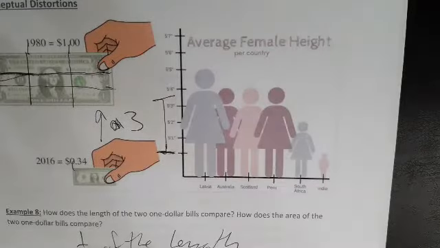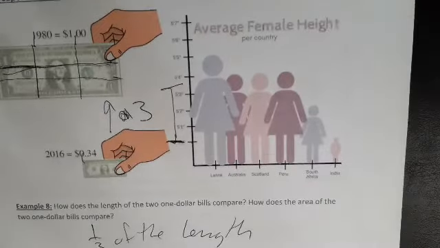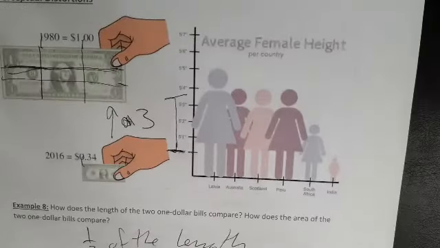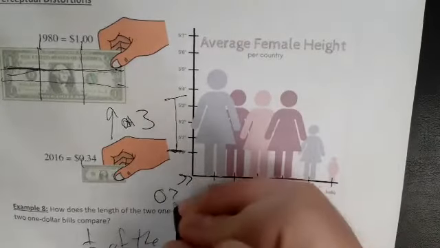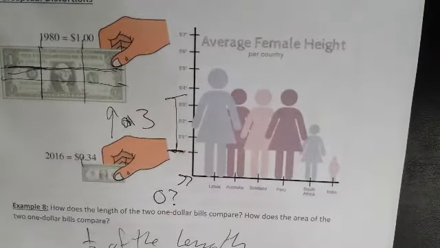Whatever multiple this is, we're going to have to square that. So the area of these things is not increasing at the same rate that their height is increasing. It goes back to the dimensional analysis. The other thing is I'm not starting at 0 there. So that's another thing that is making these things look way larger than they really should.